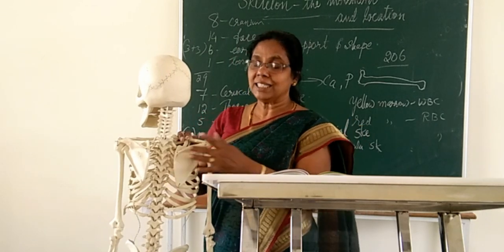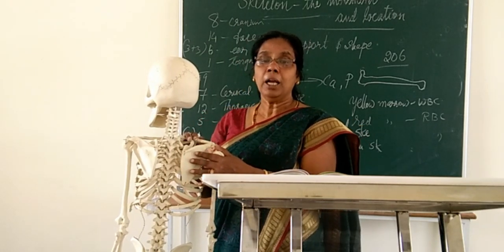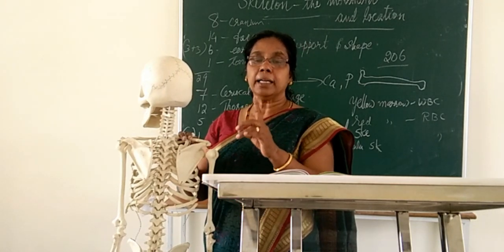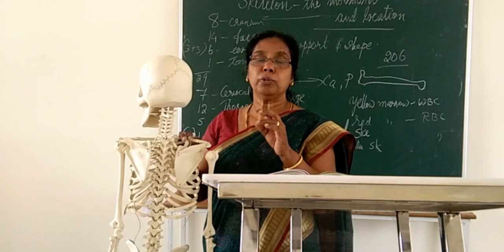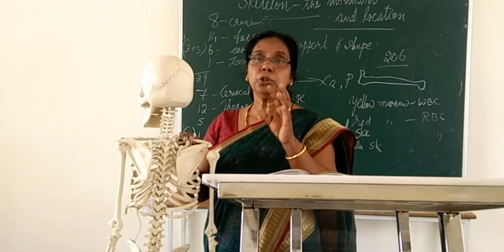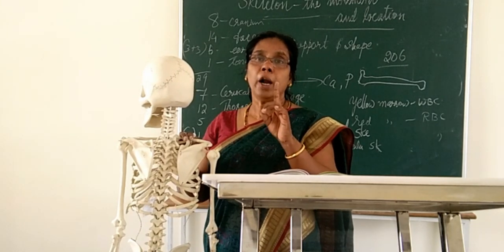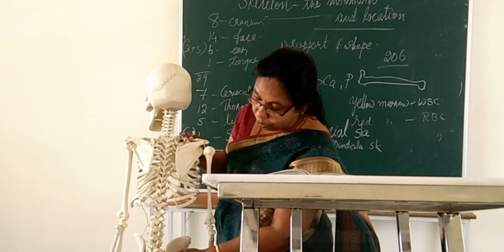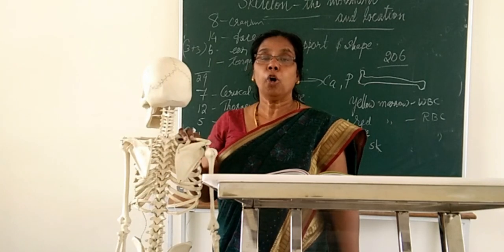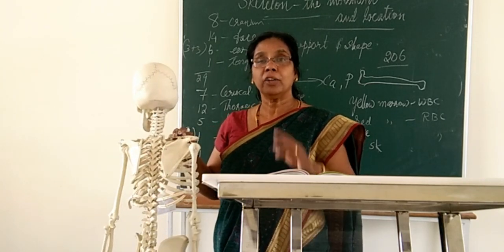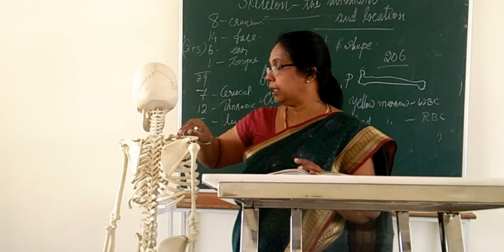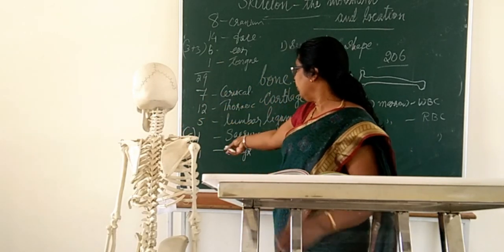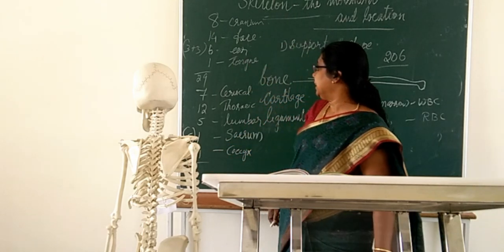Next is thoracic vertebrae, that is 12. And next 5 lumbar vertebrae, 1 sacrum, that means 5 bones fused together to get 1 vertebra, the sacrum. And the last one is called what? Coccyx, 4 vertebrae fused together. Understood, all of you? So here you will get the number 33.